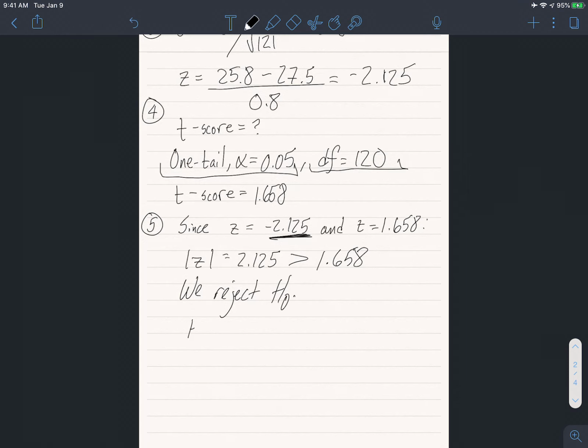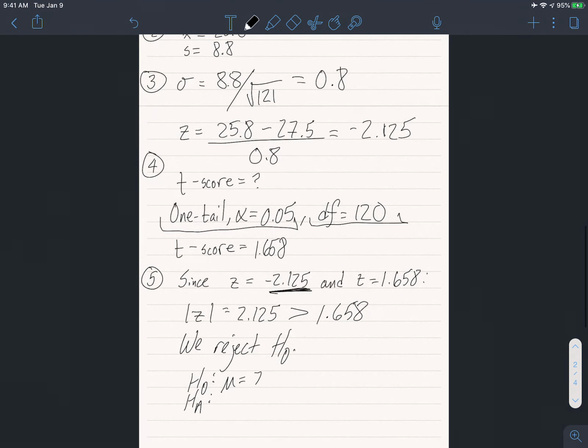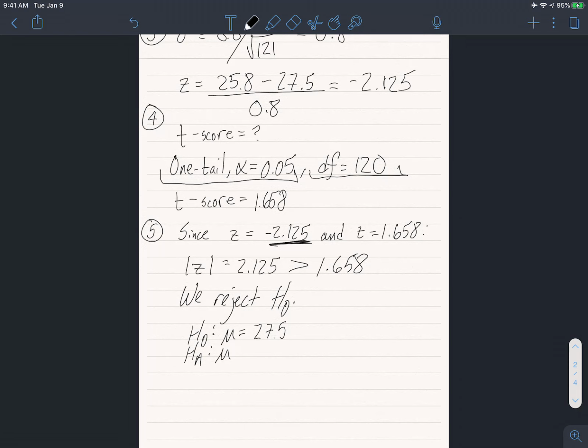So what does that mean? Again, I like rewriting the hypotheses as I had them in step 1. The null hypothesis was that the average commute time is equal to 27.5. And the alternate was that the average is less than 27.5. And what did I end up doing? At the end, I am rejecting H0.